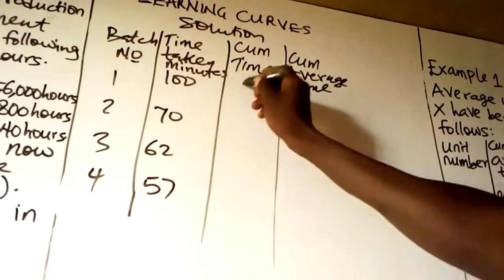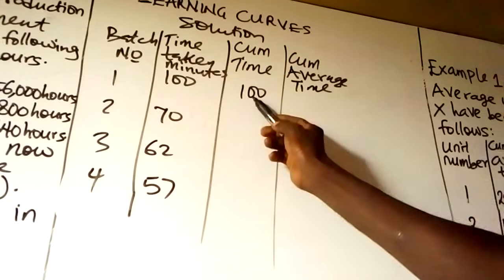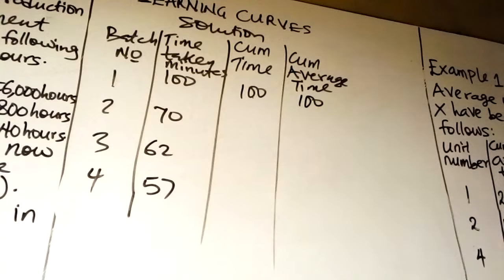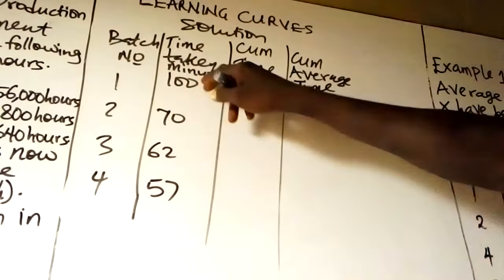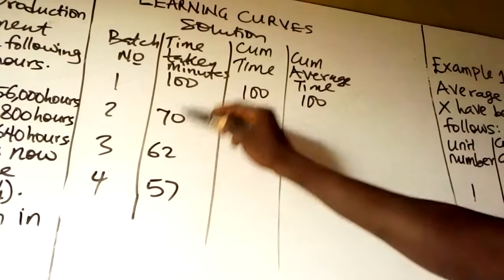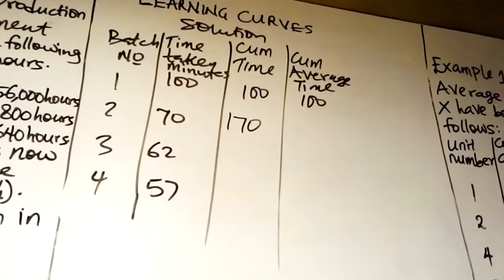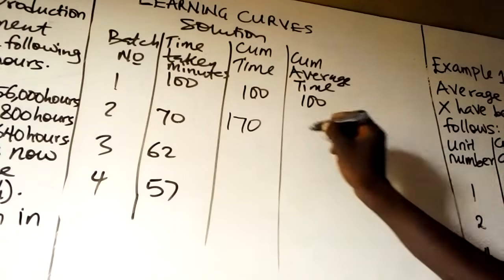So here you have 100. 100 divided by 1 will still be 100. 100 plus 70 gives us 170. Cumulative, you add each successive unit. 170 divided by 2 gives us 85.